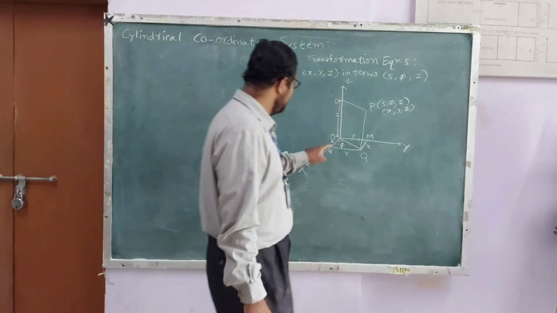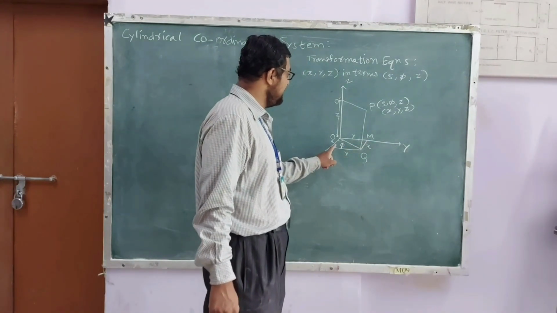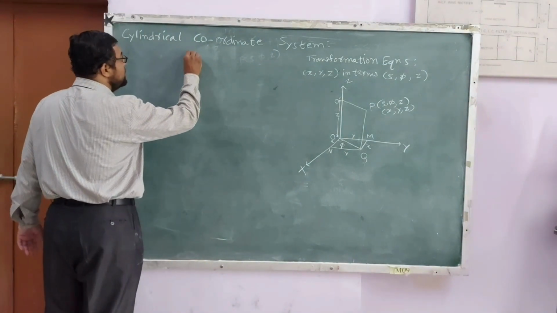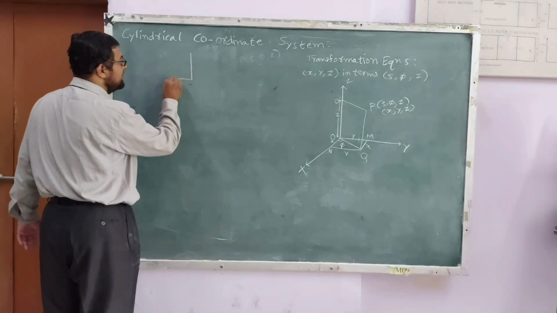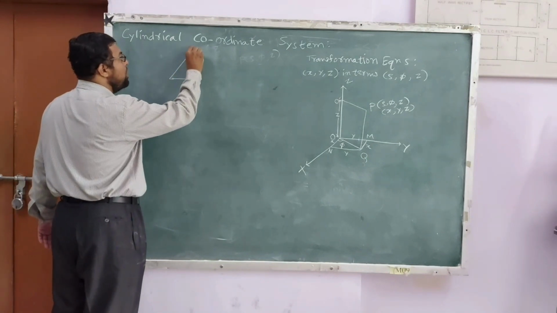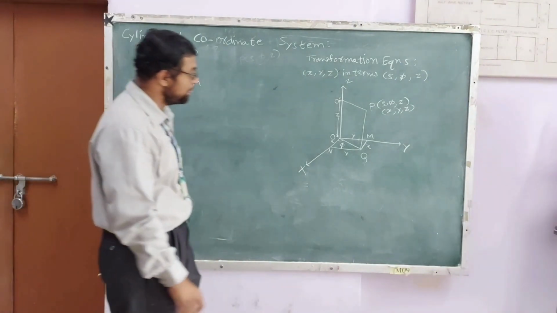Remember, angle M is 90 degrees, and similarly angle N is also 90 degrees. So our triangle ONQ will be like this: this is O, this is M, and this is Q.